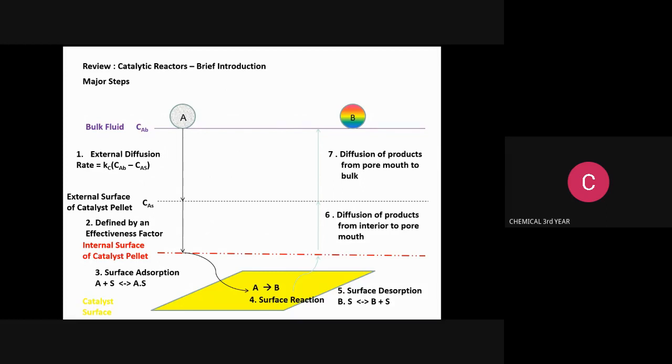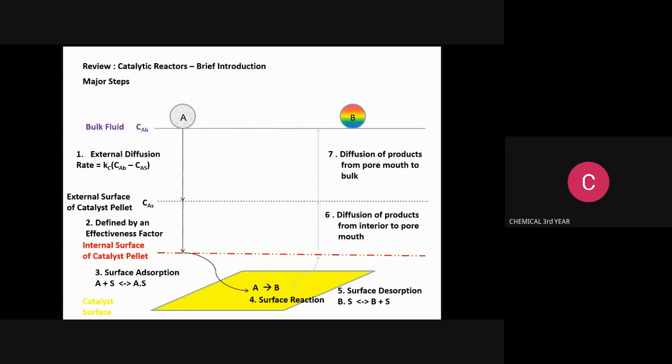There are 7 major steps involved in this bulk fluid catalytic reactor. Okay, the first one is external diffusion, where the feed A is transferred to the external surface of the catalytic pellet. Okay, this is the external diffusion rate.